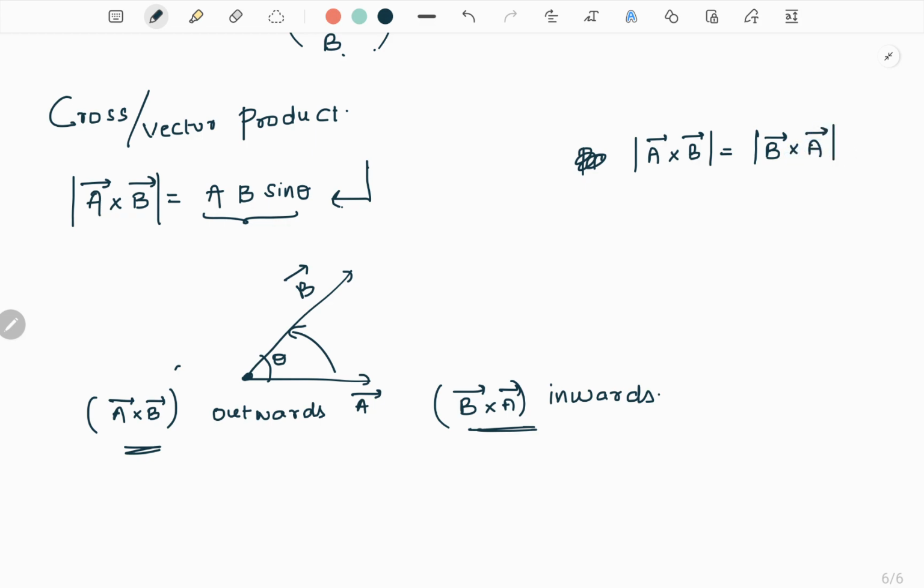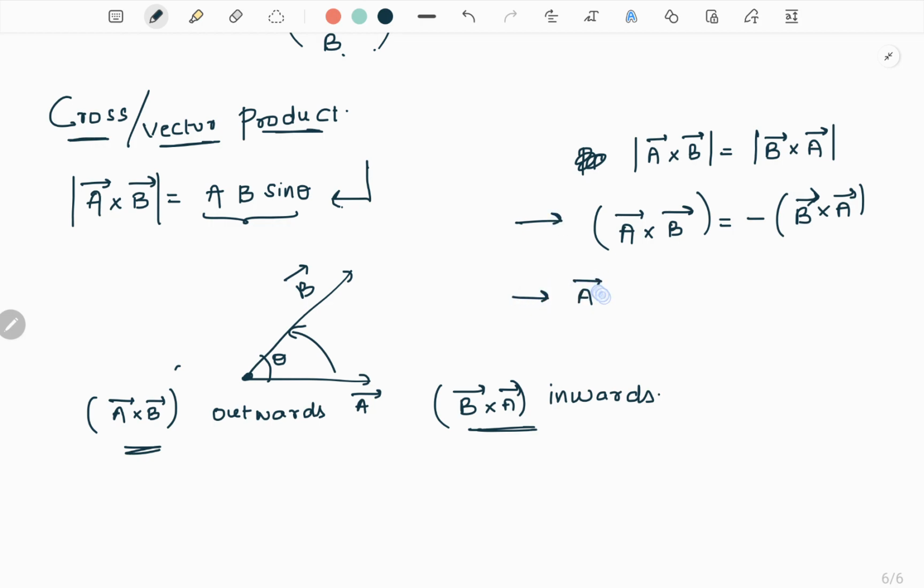Whenever you have two vectors of the same magnitude in opposite directions, one is the negative of the other. In simple terms, A cross B is equal to minus B cross A, or B cross A is equal to minus of A cross B. So if you observe, the cross product is not commutative. That's one thing we have to keep in mind.